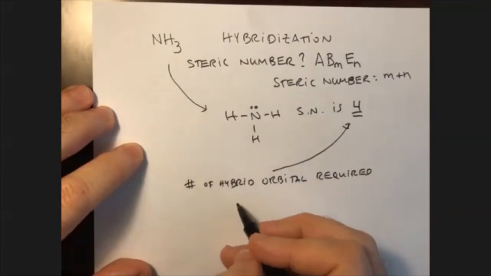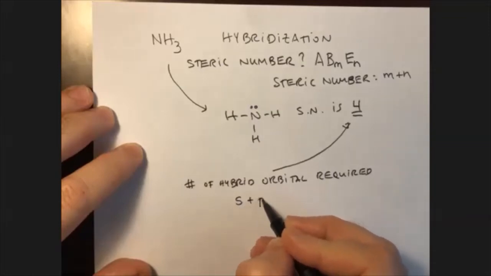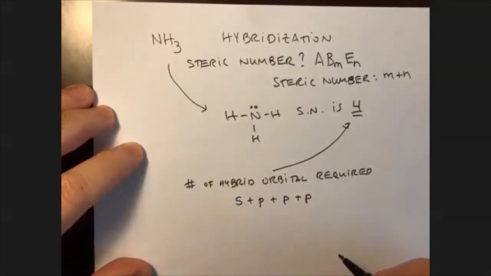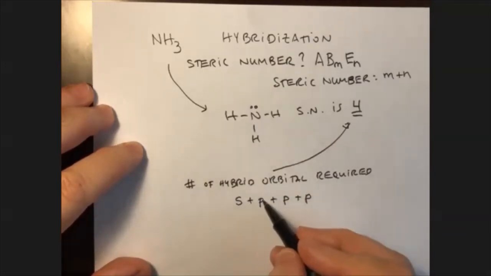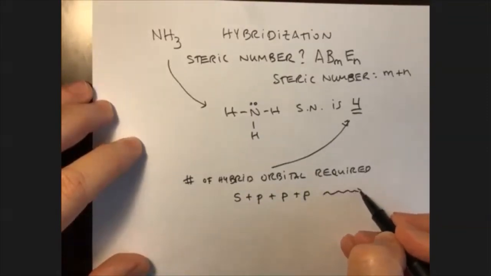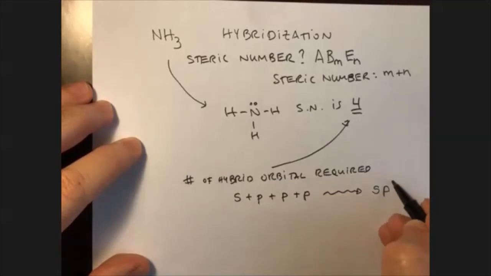So that means that in order to make this compound, nitrogen is going to have to take an s orbital and 1, 2, all 3 of the p orbitals to get 1, 2, 3, 4. And so we would say that the type of orbital that is made here by hybridizing these 4 is an sp3.